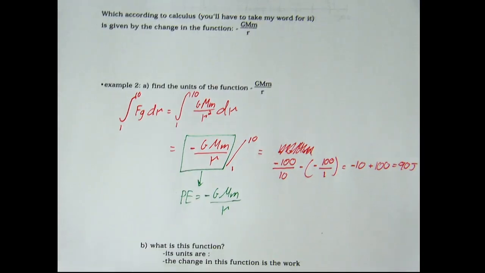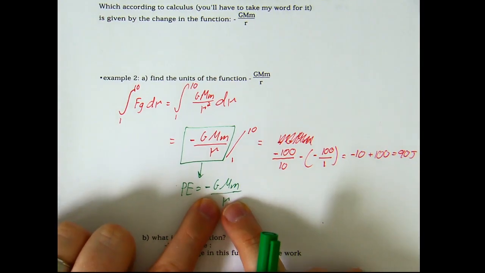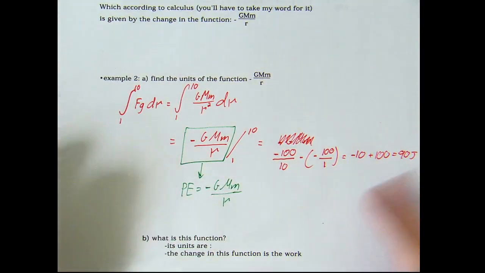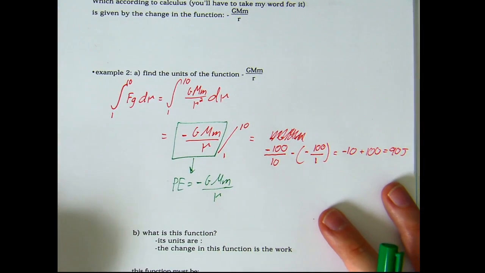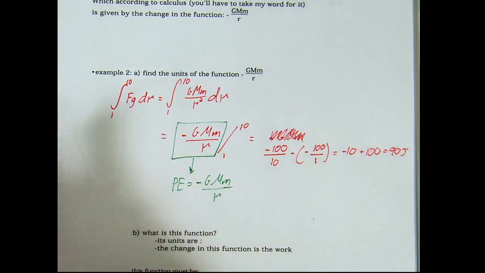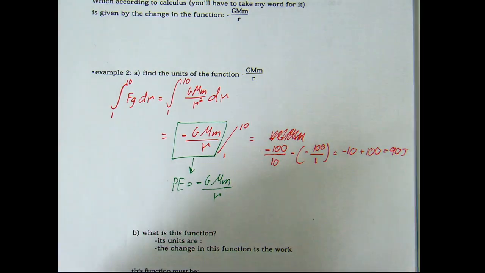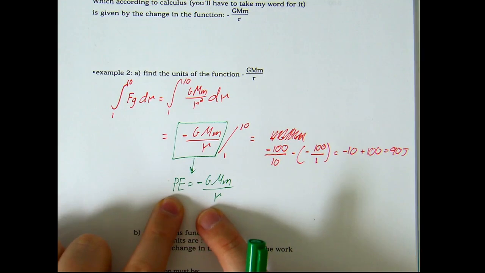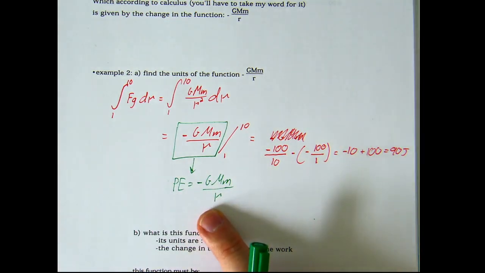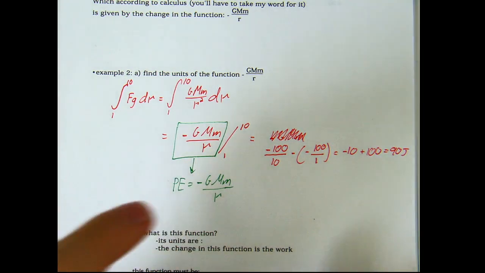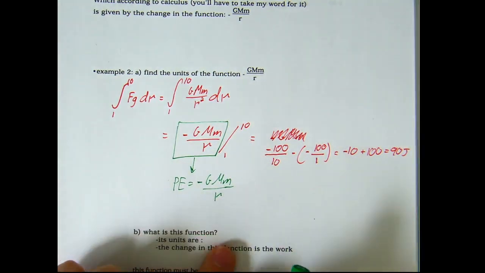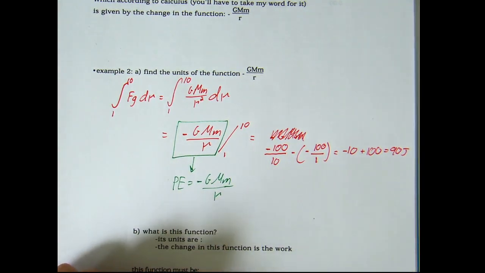So regardless of whether or not you like where this came from, we have to use it. Unfortunately, we're using results that I can't prove to you, that you just have to accept because you don't have the mathematical skills for it. Gravitational potential energy is no longer given by mgh. It's now given by negative GMm over r. So let's use it.